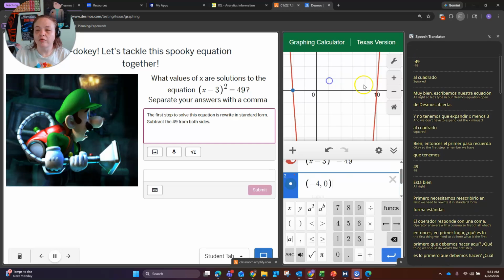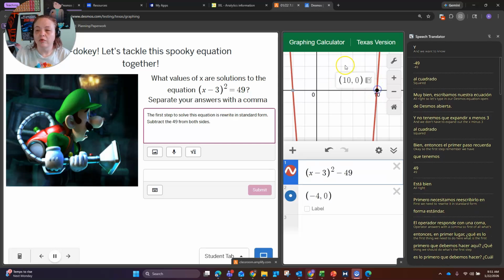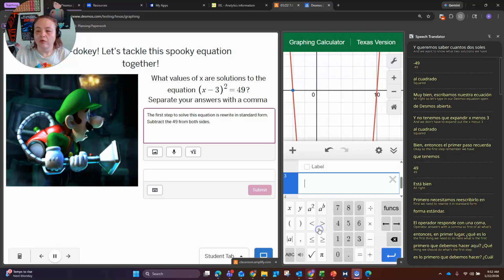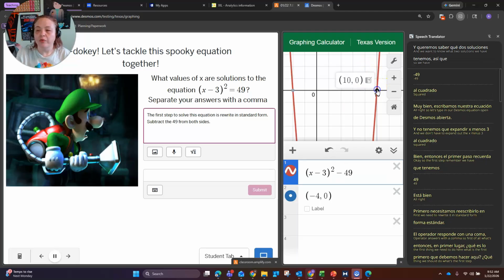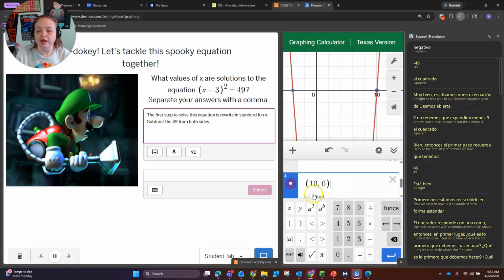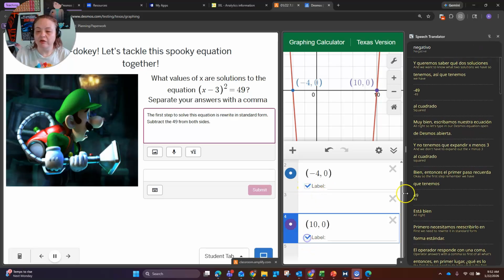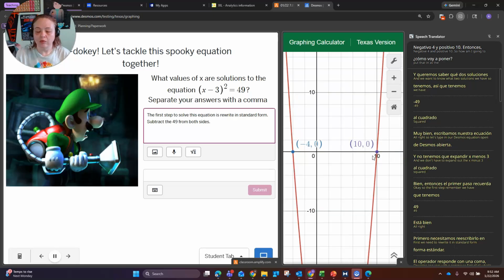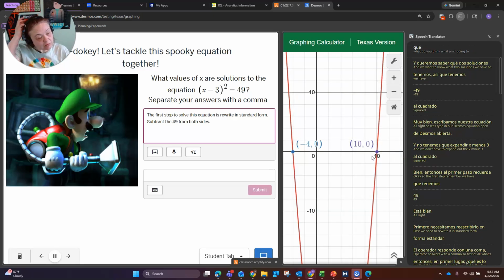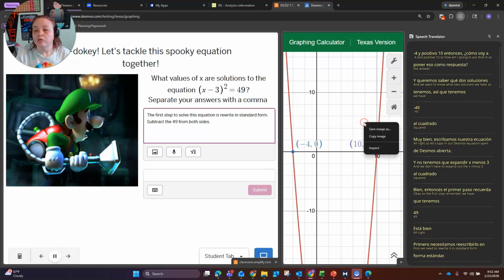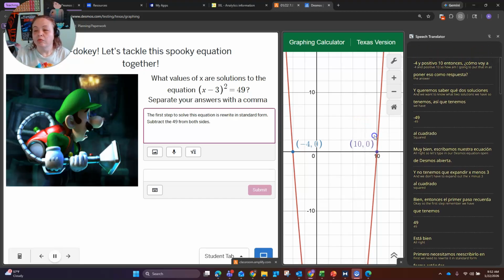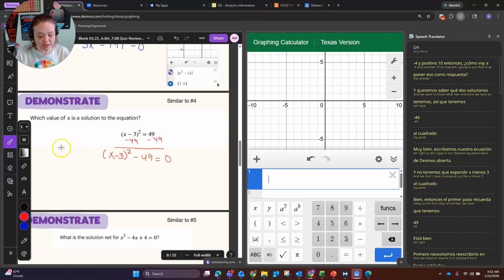So we have -4 and +10. So how am I going to put that in as the answer? What do you think? What am I going to type as my answer? Any ideas? -4, 10. Perfect.